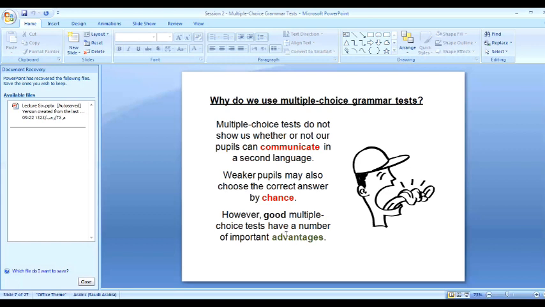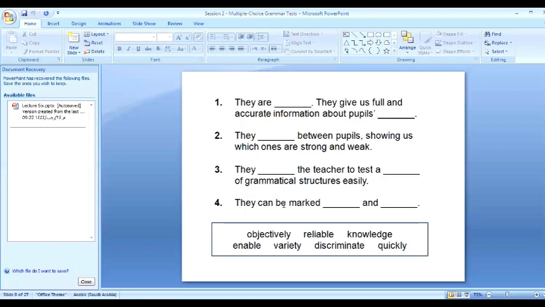Let us see the advantages of the multiple choice grammar test. Here, they are reliable. We can choose the word reliable from here. They give us full and accurate information about pupils' knowledge. We can use the word knowledge here.